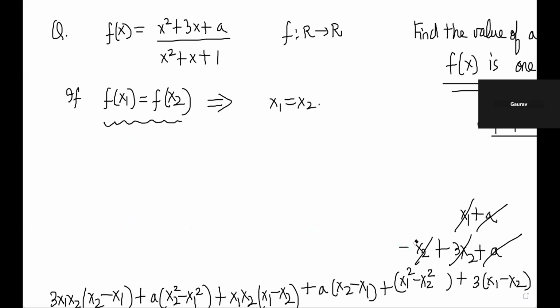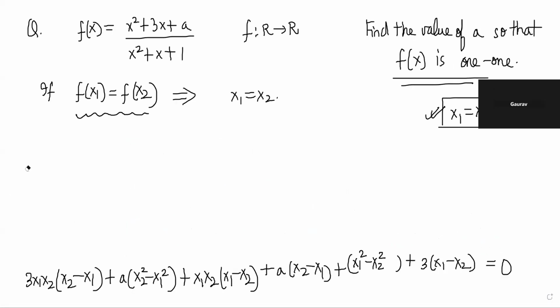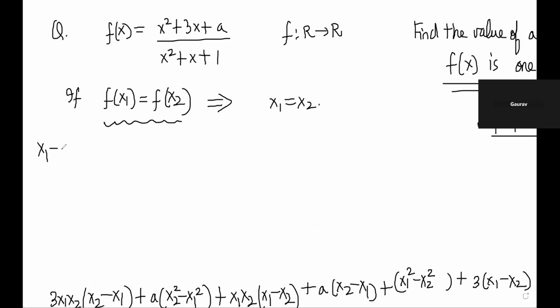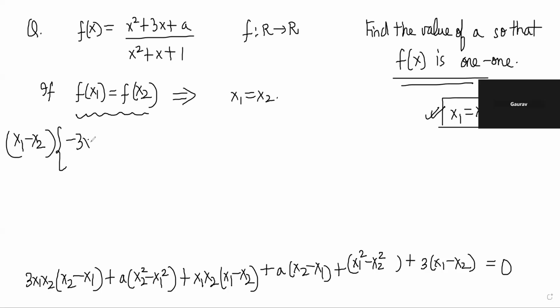So let's do that. We are going to get x1 minus x2, I'm taking common outside, and I'm getting from here minus 3x1 x2, right? Plus a times minus x1 plus x2, minus a times x1 plus x2.